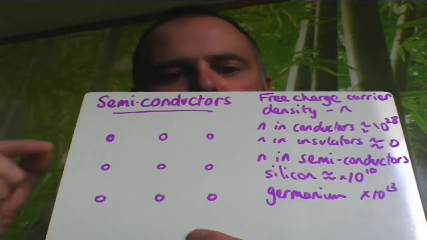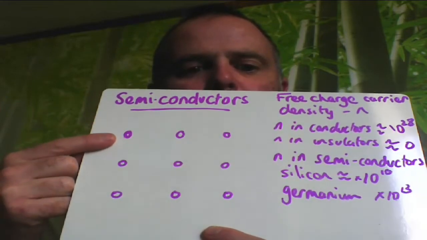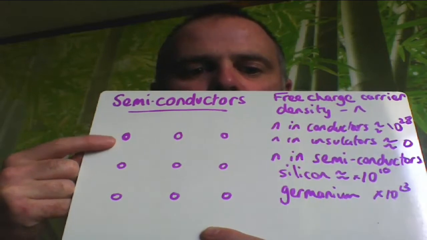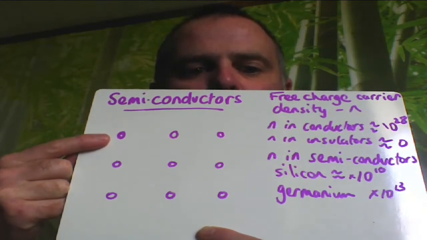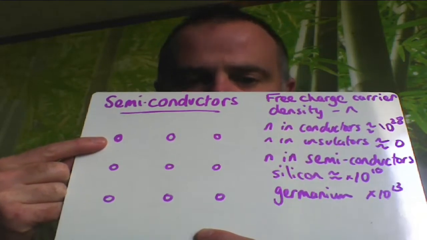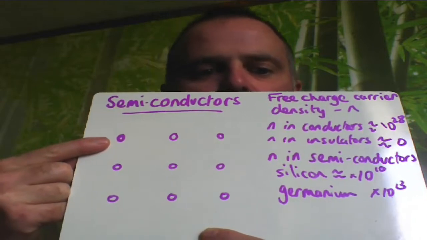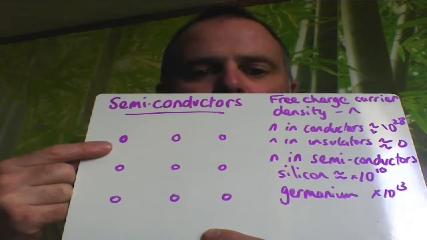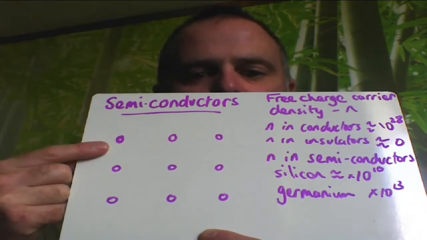And in a metal, if you increase the temperature, the atoms vibrate more, so there's more movement of these atoms side to side, and more likelihood of the electrons colliding with the metal ions. More chances of collisions means more resistance. So as temperature increases in a metal, resistance also increases.